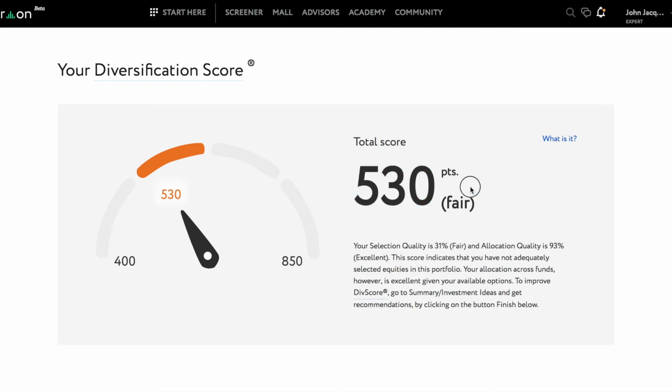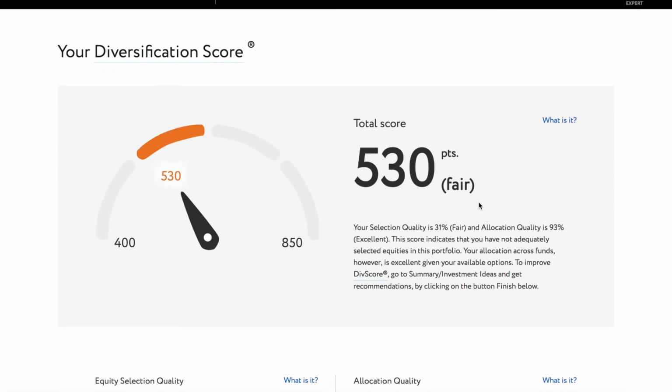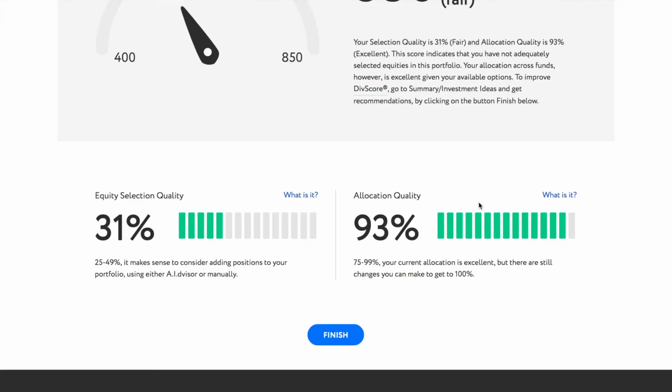Tickeron's artificial intelligence determined that my portfolio is fairly well diversified. It also indicates that my selection quality is very, very poor at only 31%. This means I've done a pretty bad job of selecting funds out of all the available options.